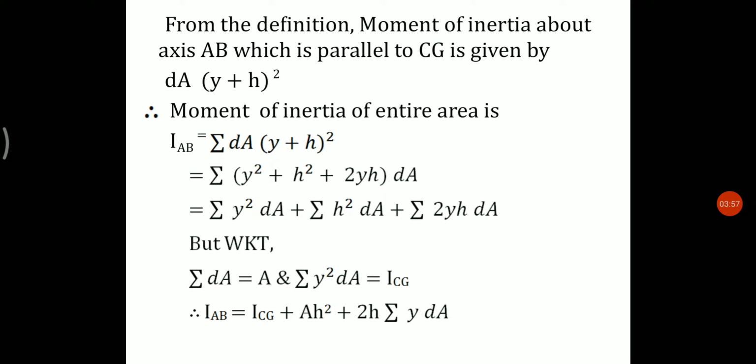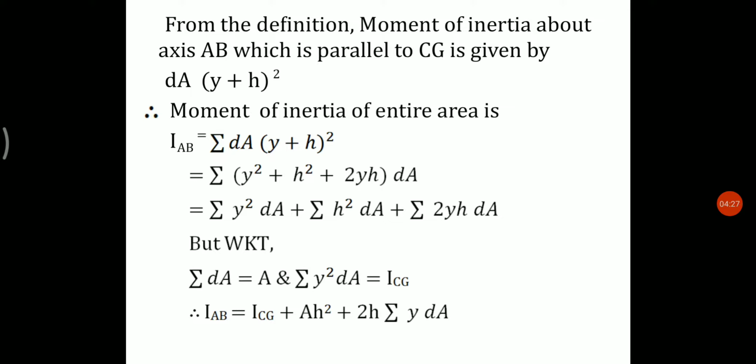Therefore moment of inertia of entire area is given by summation of dA into (y plus h) whole squared. Now simplifying this, we also know that summation of dA is equal to A, and summation of y squared dA is equal to ICG. Putting all this and simplifying, we will get IAB is equal to ICG plus Ah squared plus 2h into summation y dA.